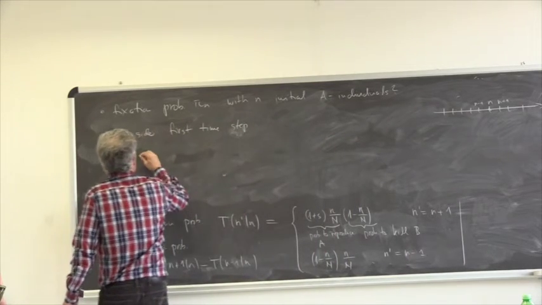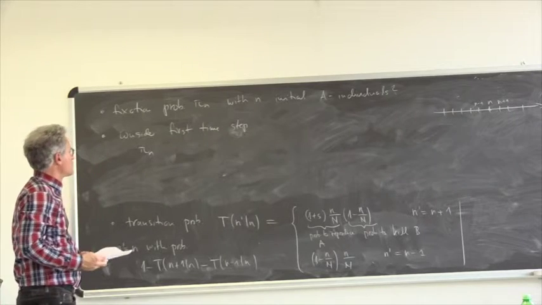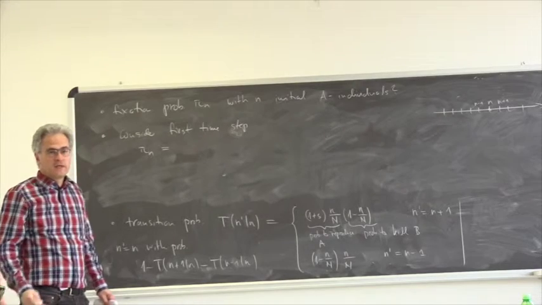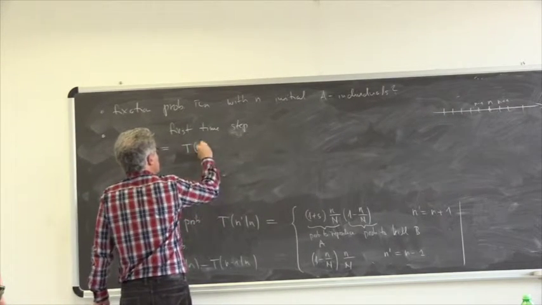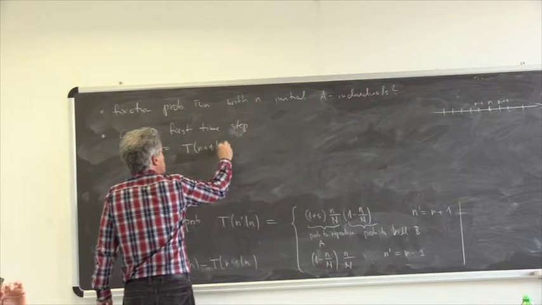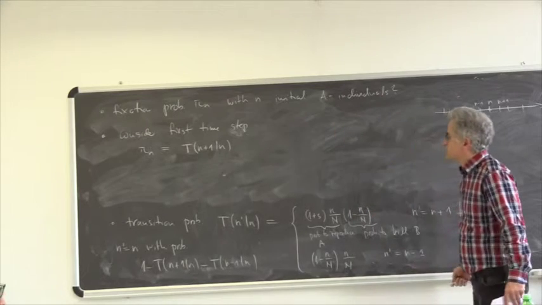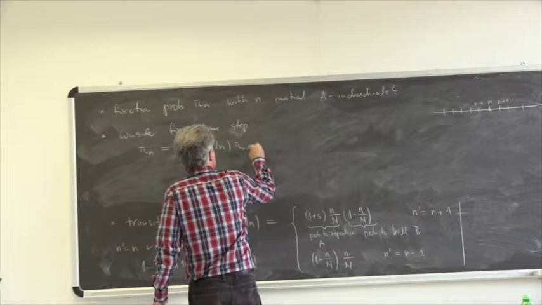And so the probability to go to fixation starting from n is equal to, well, there are two possibilities. If I go to n plus 1 in the first time step, this will happen with probability T of n plus 1 given n. Then I go to fixation from there. This will happen with probability pi n plus 1.